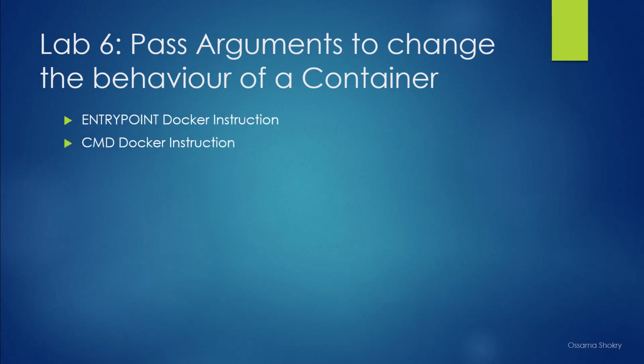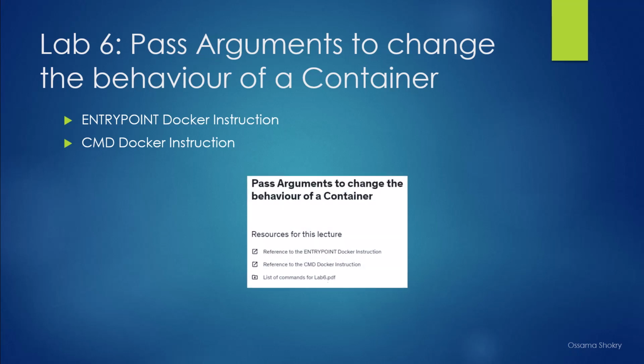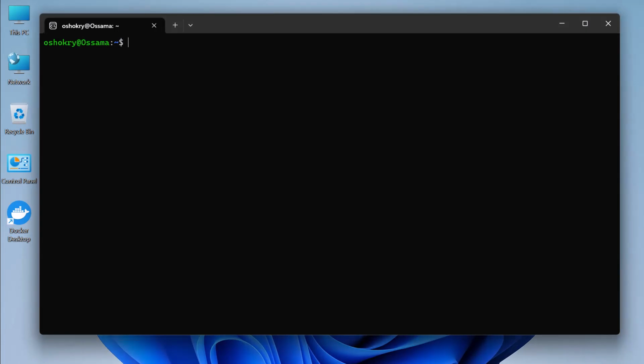Let's start by taking a look at the ENTRYPOINT Docker instruction and the CMD Docker instruction. You can find references to these Docker instructions under the resources attached to this lab. Let's now take a look at how they are used in the Fibonacci application. You already pulled the code for the Fibonacci application from Docker Hub in a previous lab.